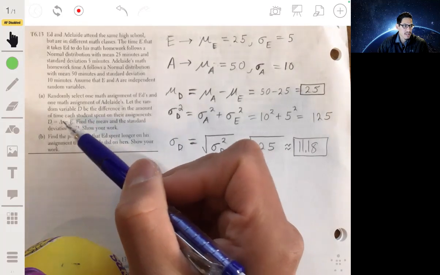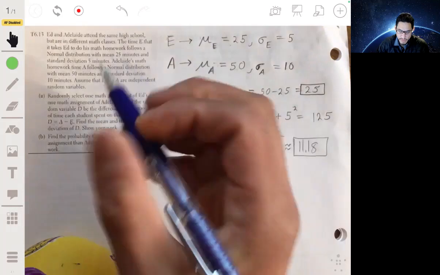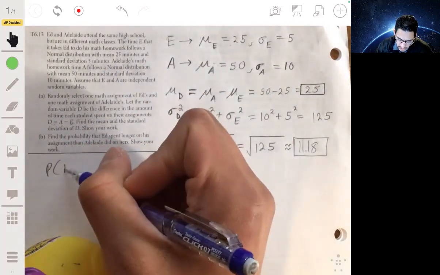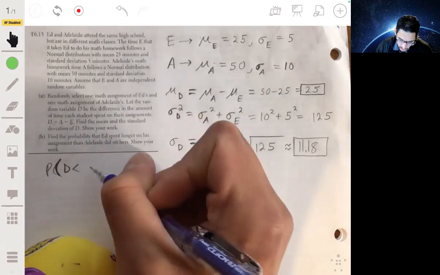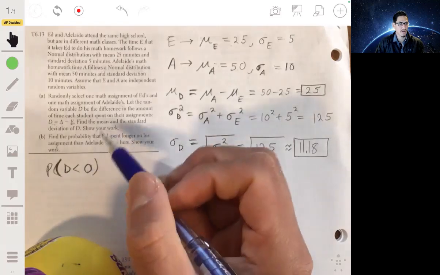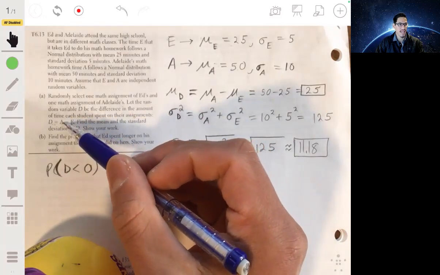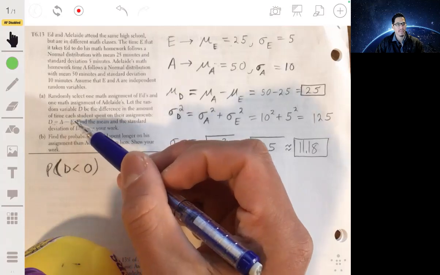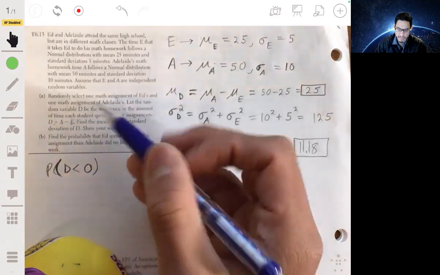If E is greater than A, that means D has to be a negative number. So we want to find the probability that D is less than 0. That means that Ed's time is greater than Adelaide's time.